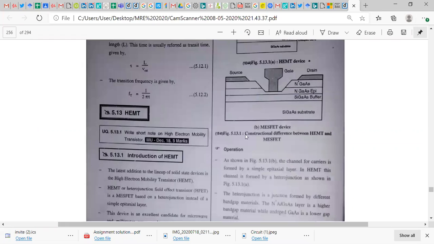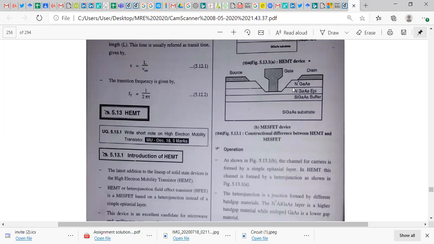Basically, a heterojunction is formed using a gate terminal connected to N-type and N+ type GaAs materials which have different energy levels. Because of this difference in energy levels, the heterojunction is formed, and the electrons jump from the higher energy level to the lower energy level, from N+ to N-type. As N-type is not doped and N+ is doped with high concentration, the number of electrons in N-type is less.